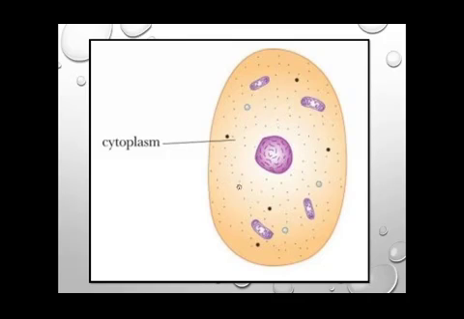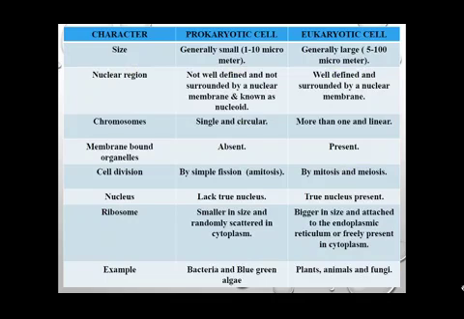This is the larger, fluid-like portion of the cell which is present outside the nucleus. And as you can see very well here, the different cell organelles, which we will be discussing later in this chapter, are suspended in the ground substance, that is the cytoplasm of the cell.